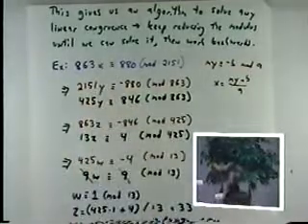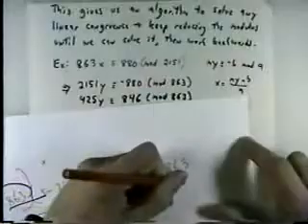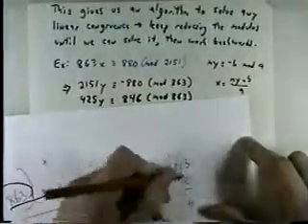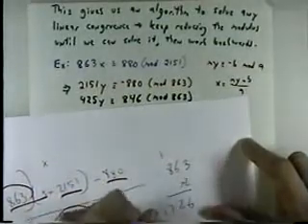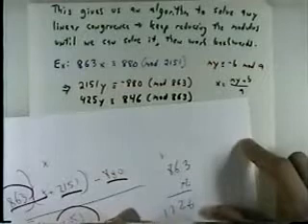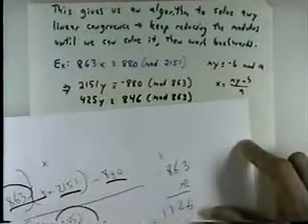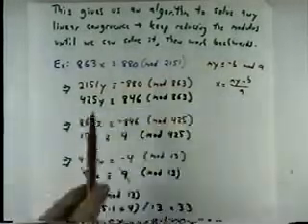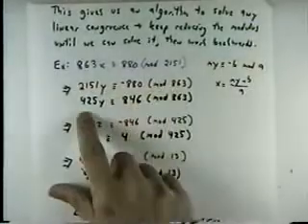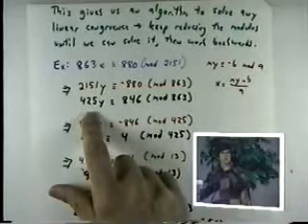Let me just make sure I did the algebra right. 863 times 2 is 1726. 2151 minus 1726 gives me 425. So this congruence is identical to that because I can reduce the bigger one. Any questions about that?